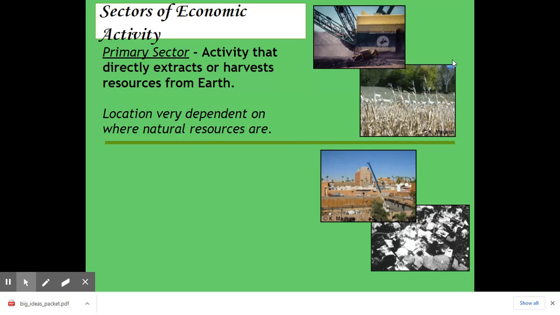But then the next sector, if you were to take those raw materials and add value to them, like you've got wood, but now you're going to make it a chair, or you've got a rough diamond and you're going to make it a ring, or you've got some cows and you're going to make a hamburger.